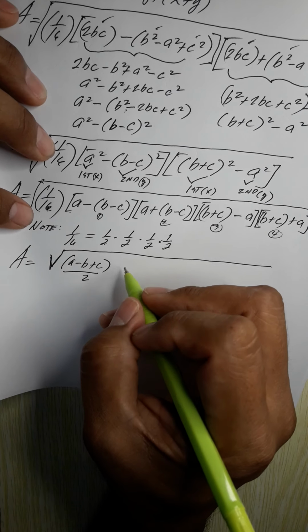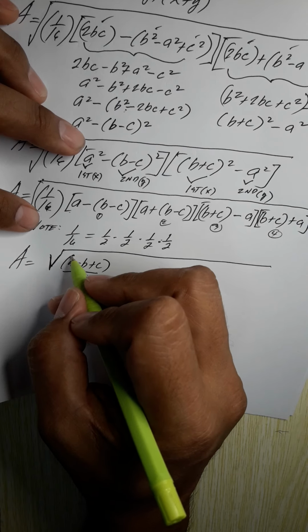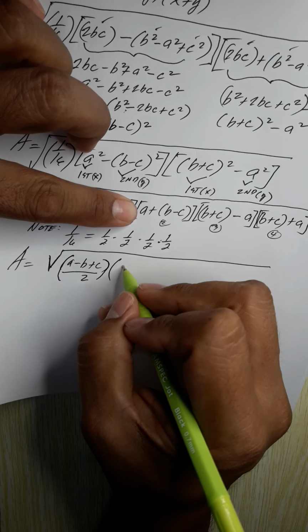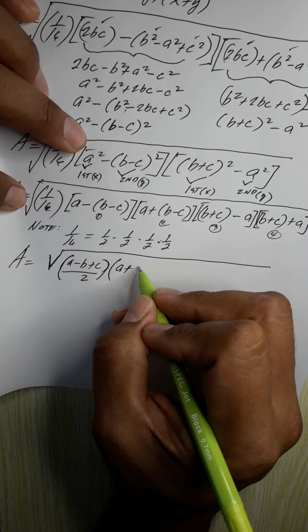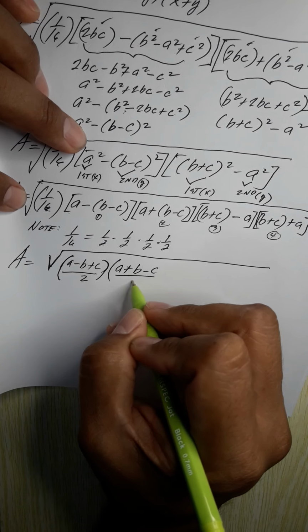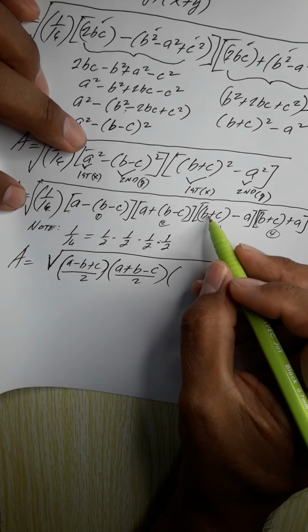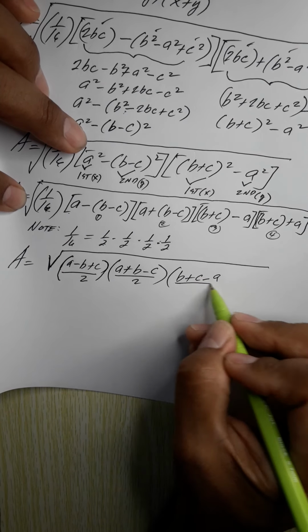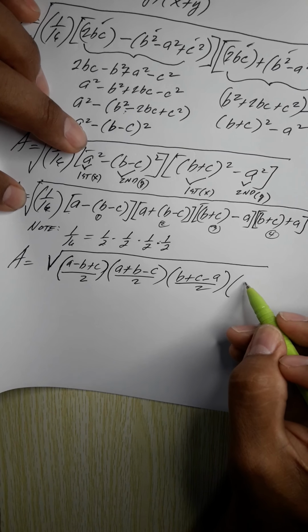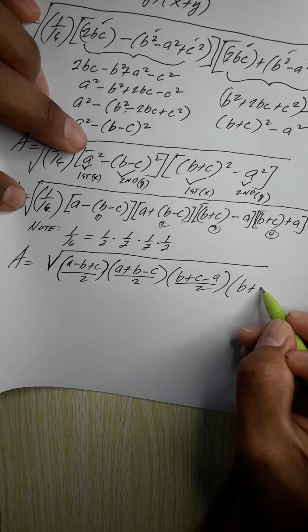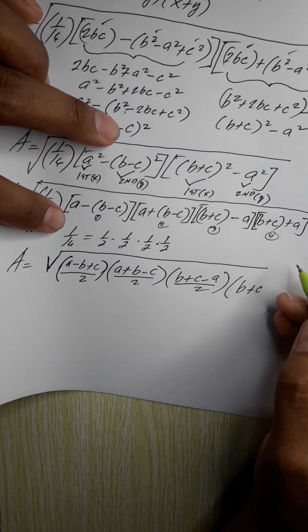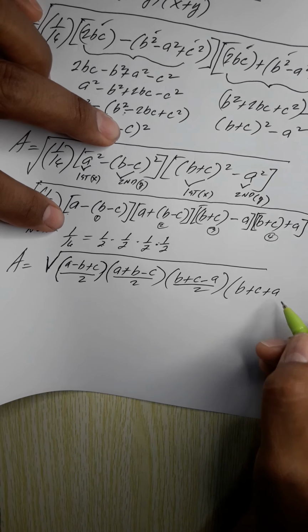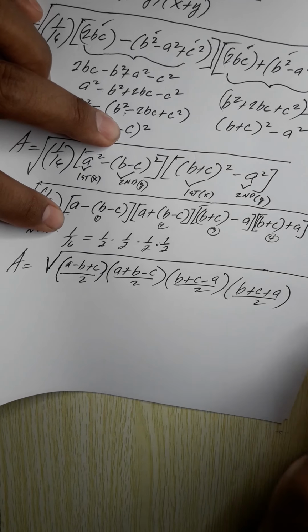Okay, then times A plus B minus C over 2, and then B plus C minus A over 2, and then B plus C plus A over 2. Okay, it's okay.